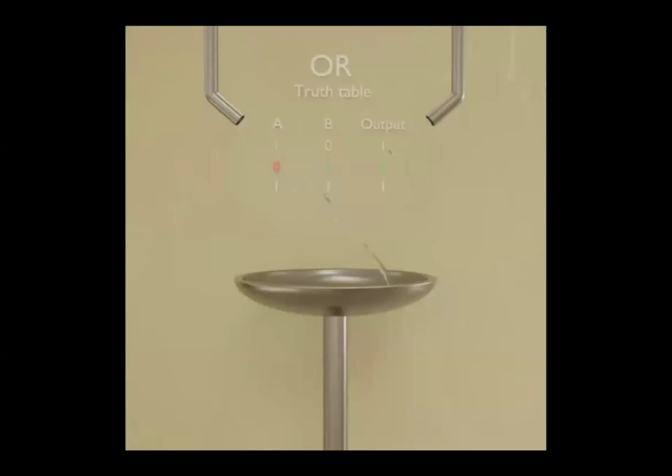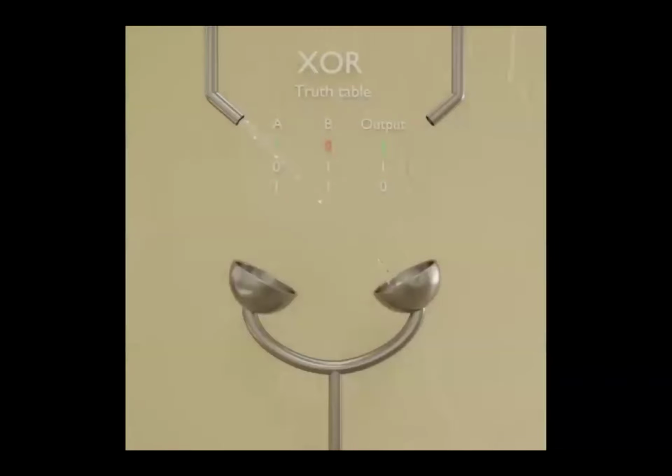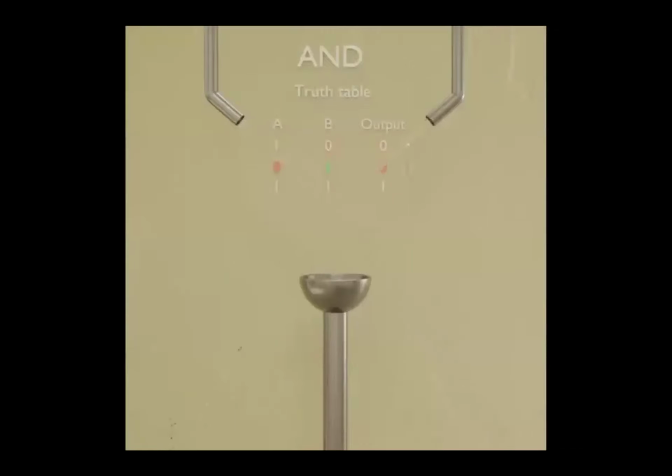Right? So and is basically if the two pipes go this way. This is a fluidic representation of and, or, and not. Okay. And now you can build a computer out of pipes and water. Why?